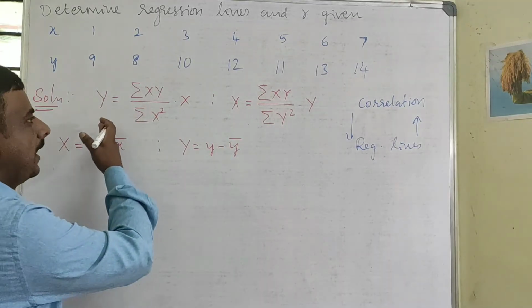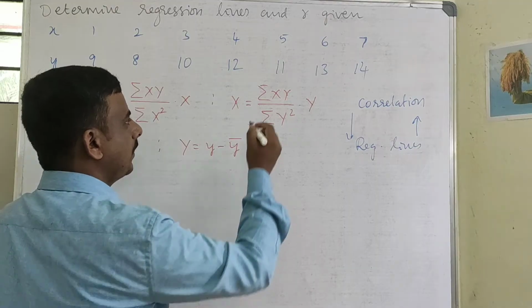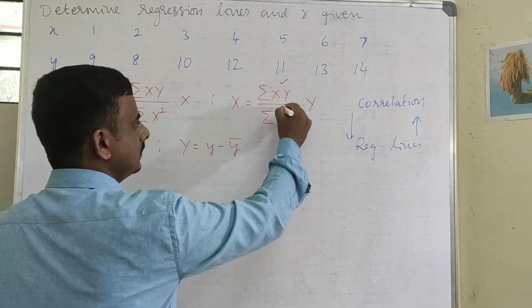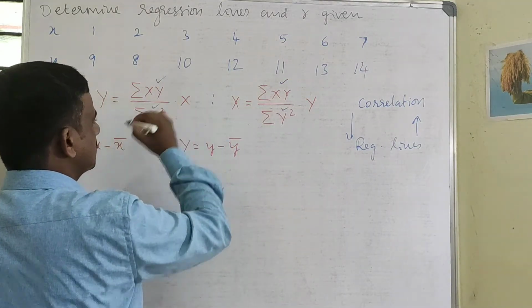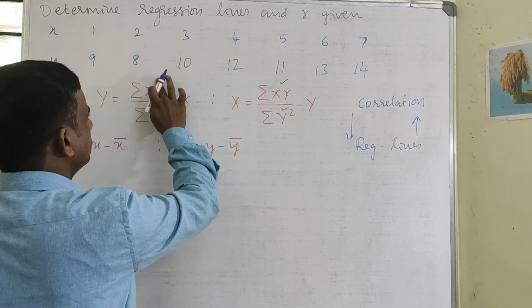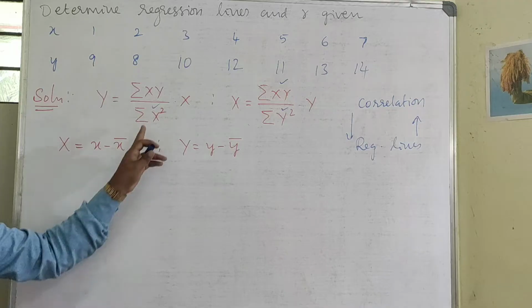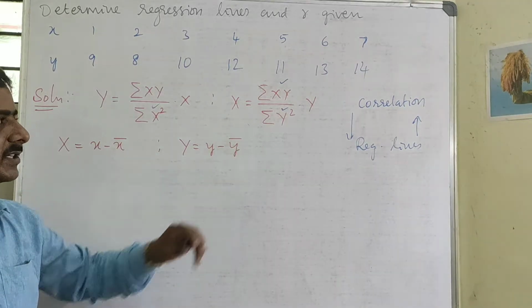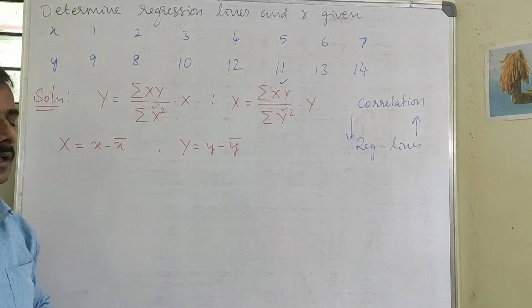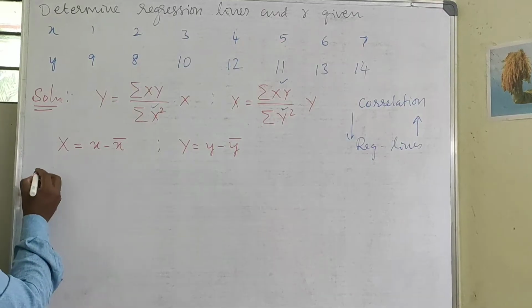Now to find these regression lines, I want to find these summations. Since these two are the same, if you compute one, the same value can be used here. I want summation X square, summation Y square, and summation XY, so I have to construct a table.